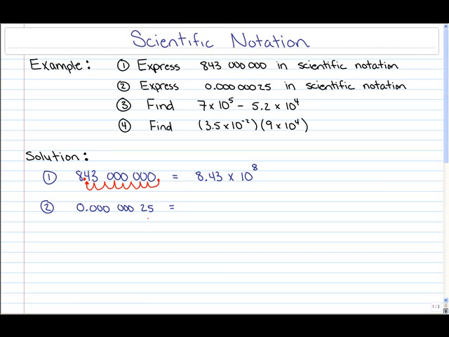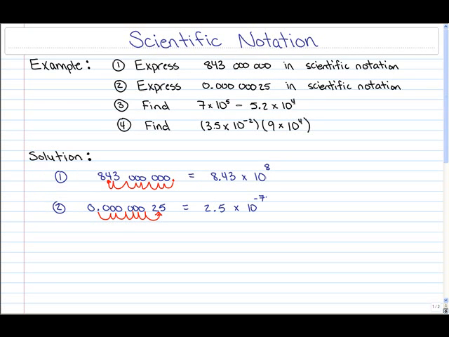So I need my decimal point to go right here between the 2 and the 5, and that would give me a number between 1 and 10. We're going to move the decimal point until we reach that spot, and you'll notice that you had to move your decimal point 7 times to the right. So in this case, you would have 2.5 times 10 to the negative 7.